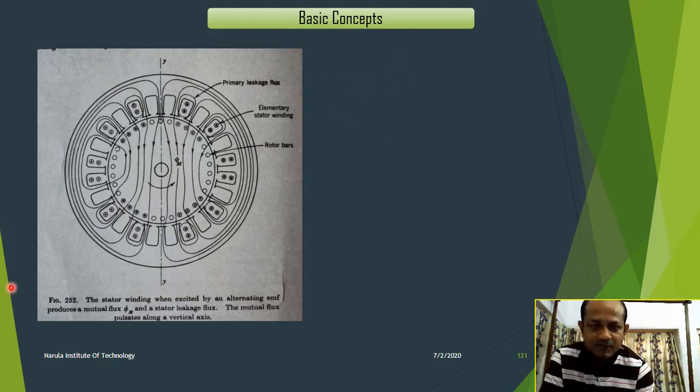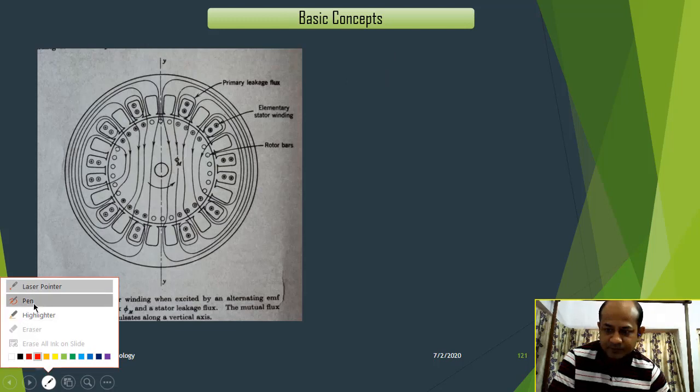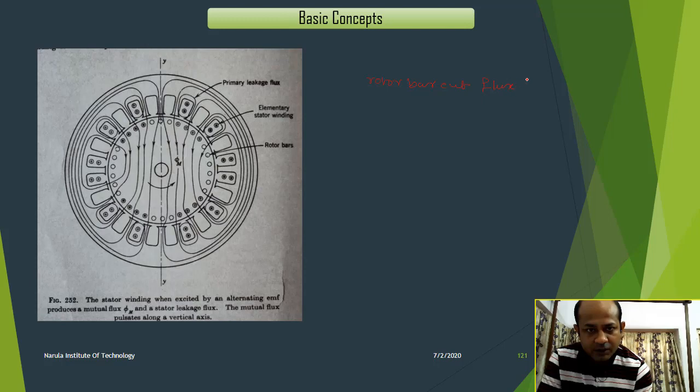So the rotor bar cutting flux phi m results in induced EMF due to speed action.